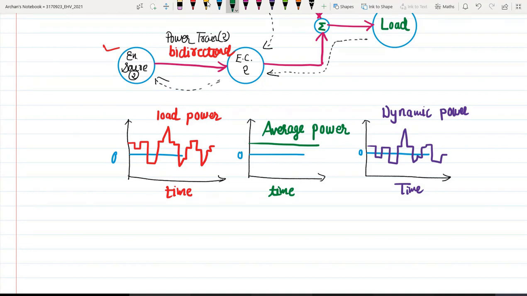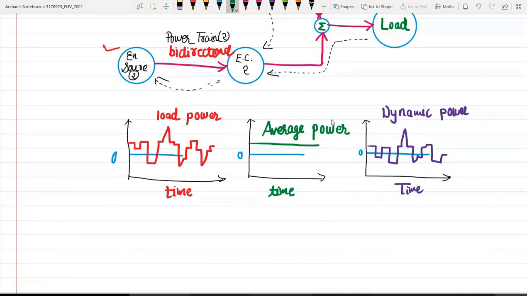Now here you can see that the load power of a vehicle varies randomly in real operation due to frequent acceleration, deceleration, and sometimes climbing up and down the grades, as you can see in this particular figure. Actually the load power is composed of two components.